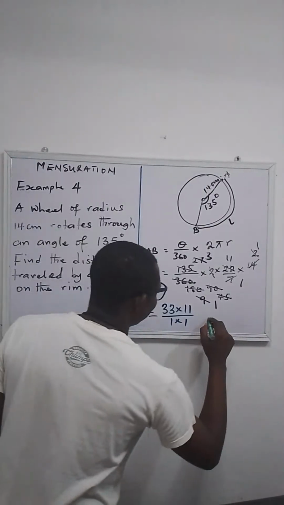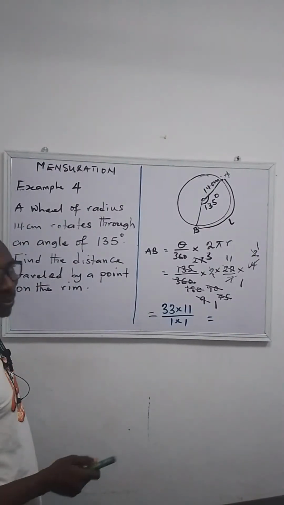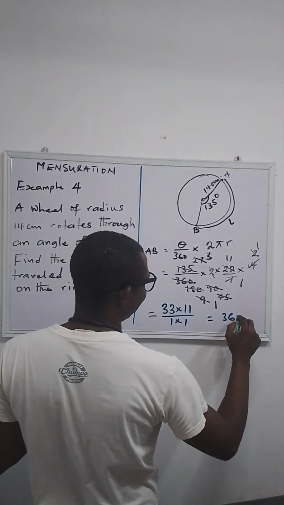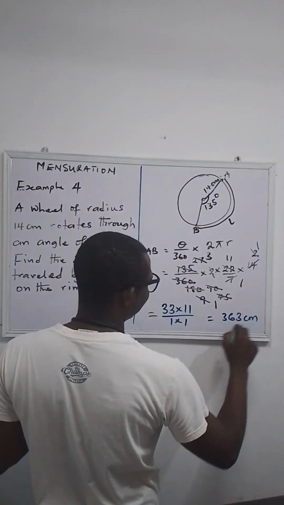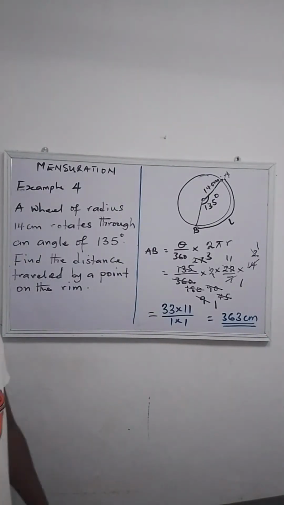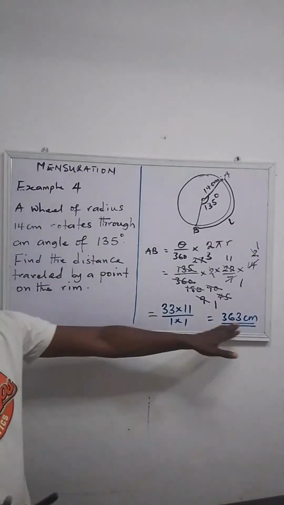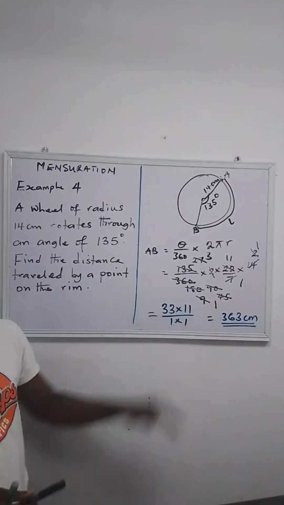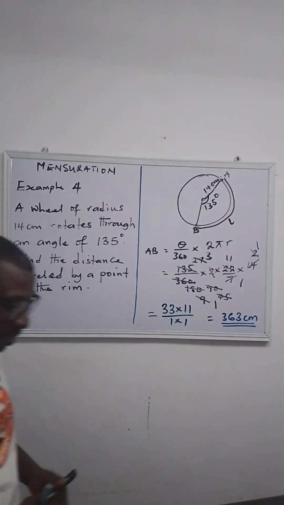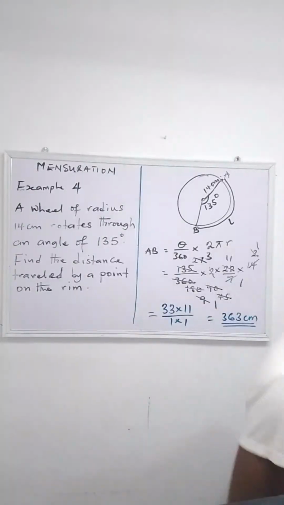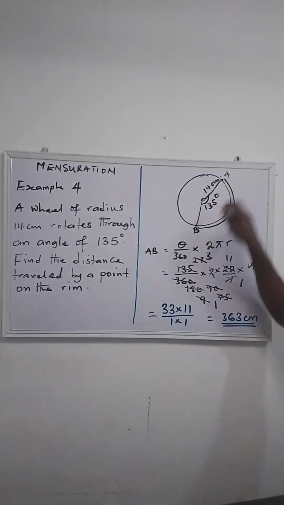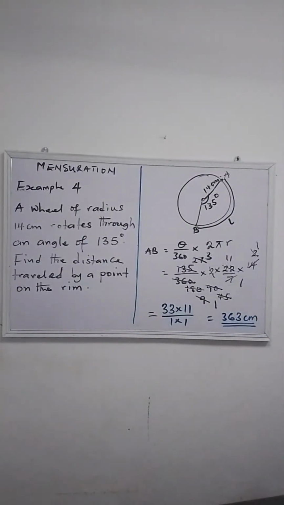And that gives us, when you multiply, 363 centimeter. Once you use this to multiply this, this is the answer to the problem. So this is the distance covered by the wheel, or by a point on the rim.